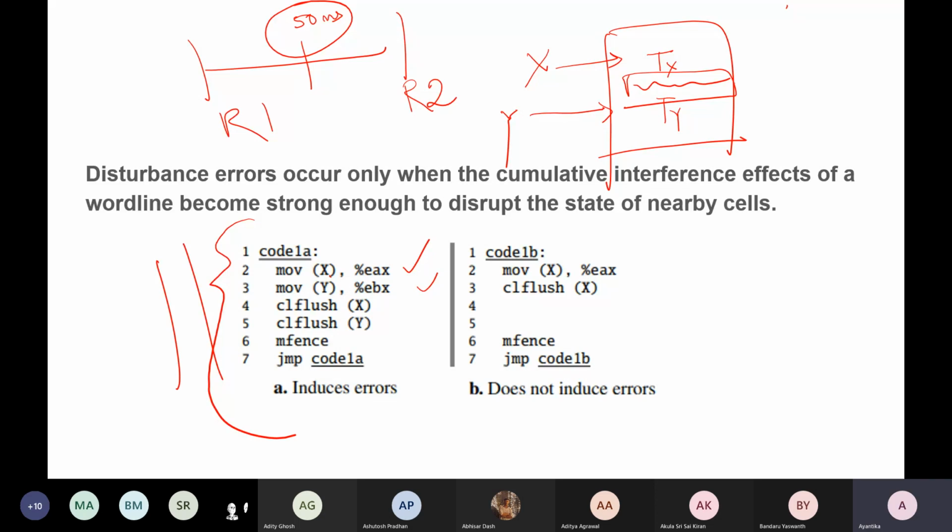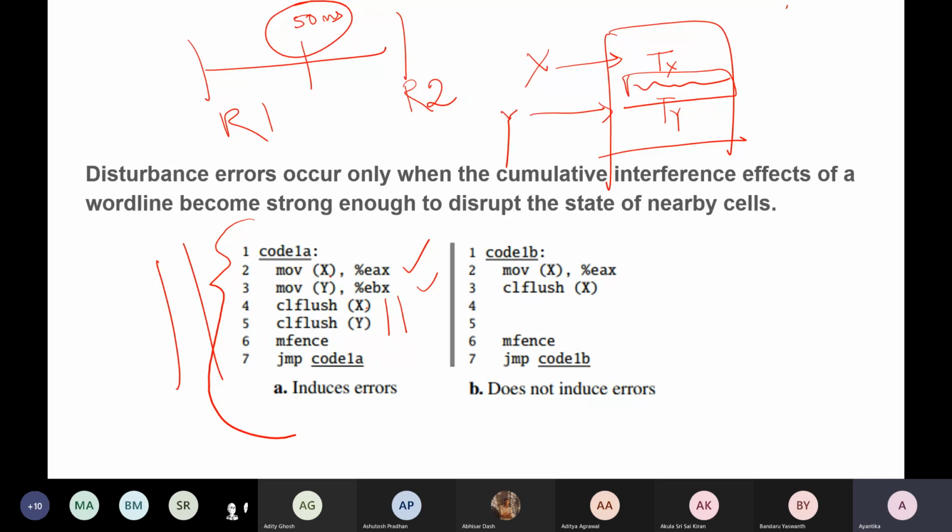Now next, come to these two steps. This is flushing X. This is about flushing the buffer, the row buffer, because once you have taken the values from the DRAM to the cache, next time whenever you are executing the same program, if you have not flushed the cache, your program will fetch the data from the cache.